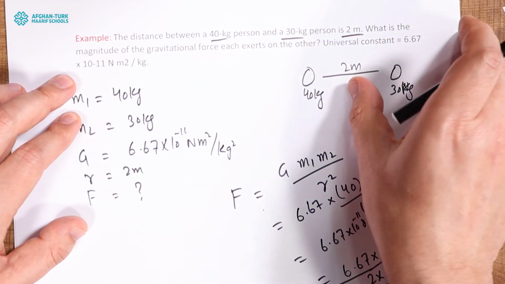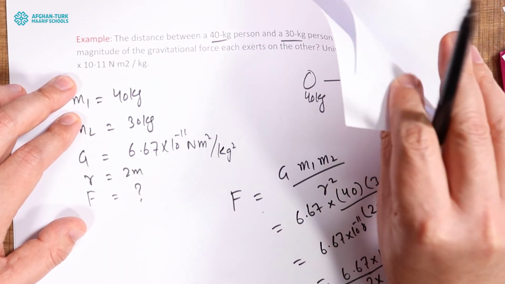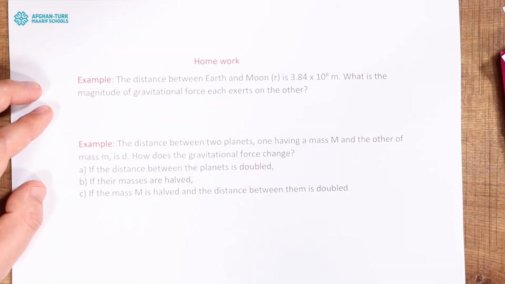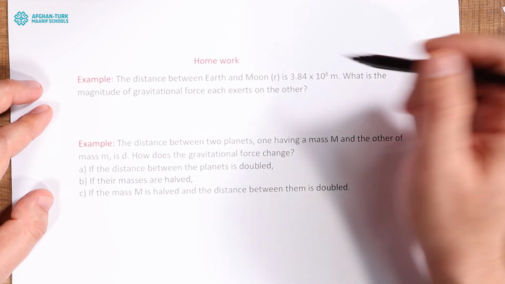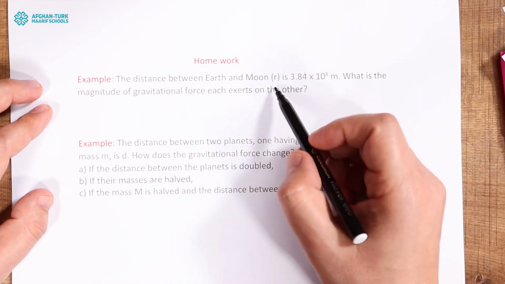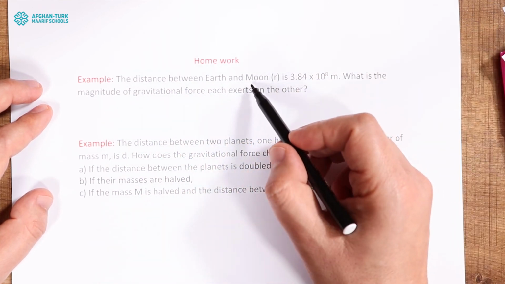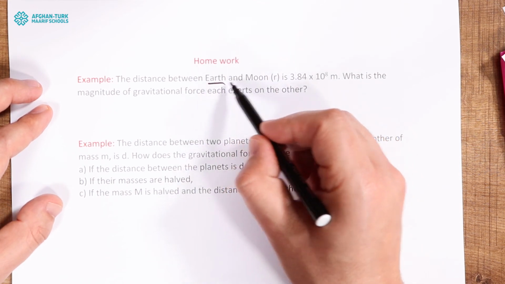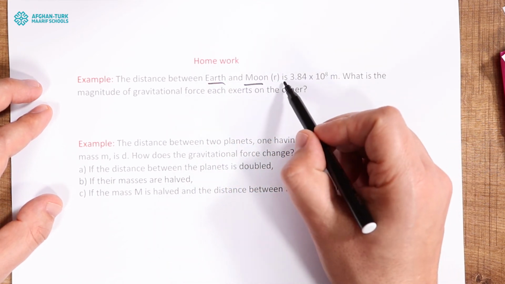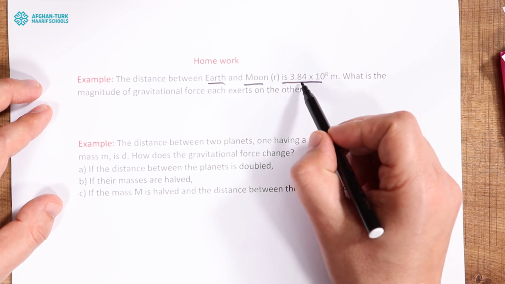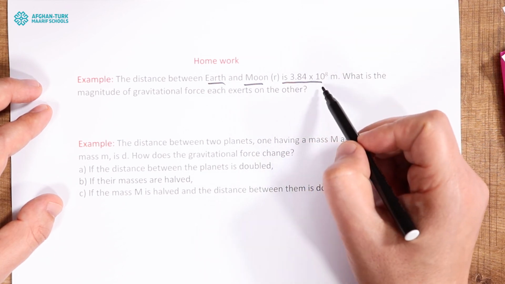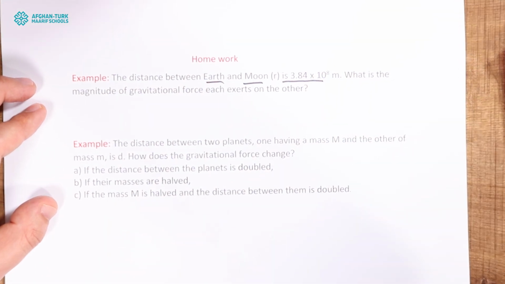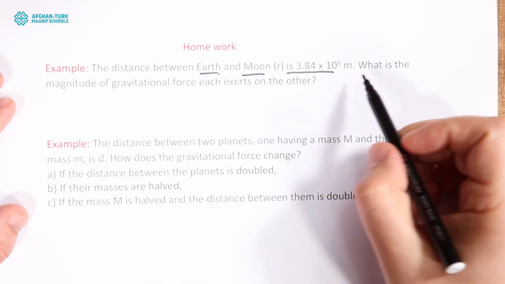Okay, on the next page, let's see. This is your homework. Try to solve this question. The distance between the earth and moon, whose distance is 3.84 × 10^8 meters.